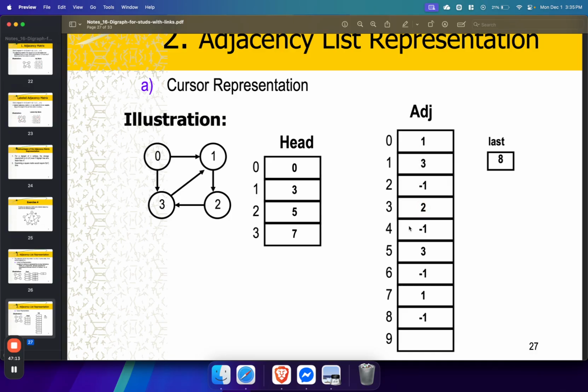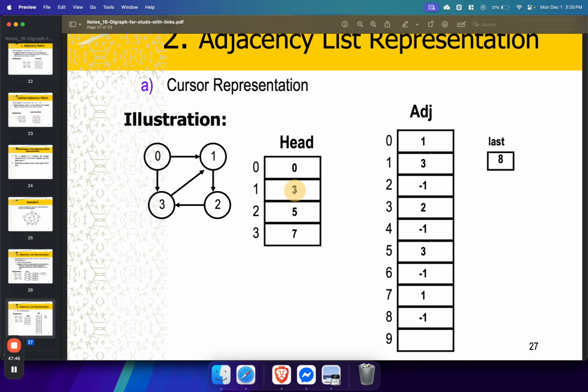If I go to the next element, I get negative 1, meaning there is no more adjacent value to 1. So going back, 0 is adjacent to the value in index 0, which is 1. If I increment and it's not yet a negative 1, that just means I am also adjacent to this value, which is 3. So 0 is adjacent to 1 and 3.